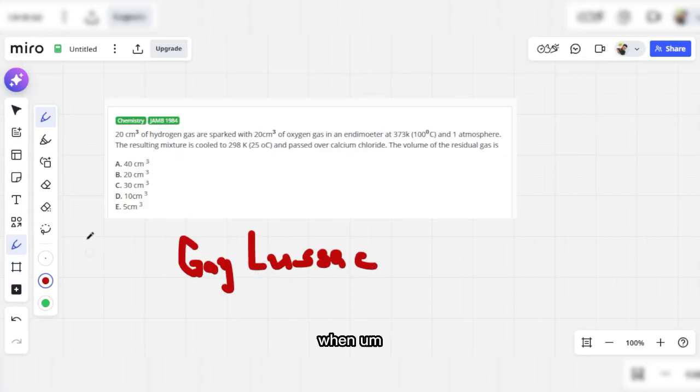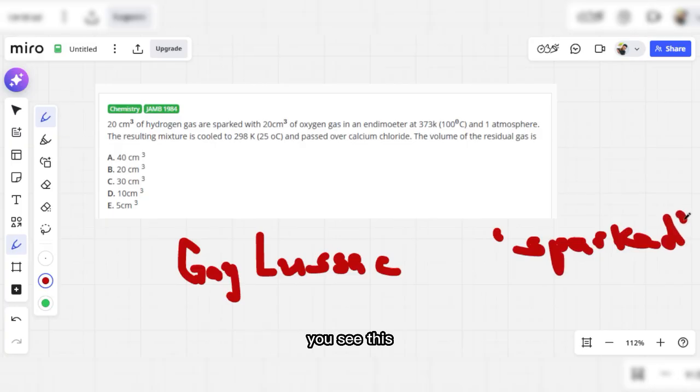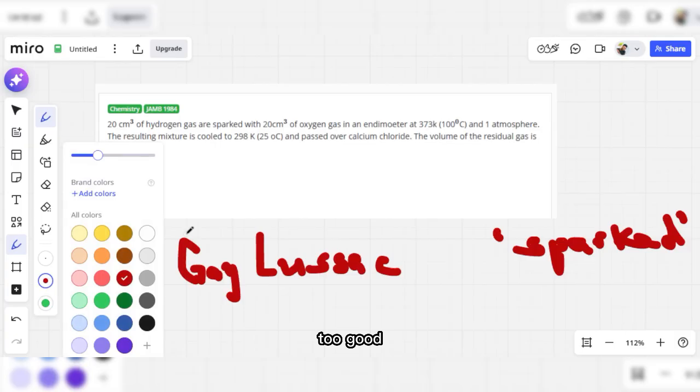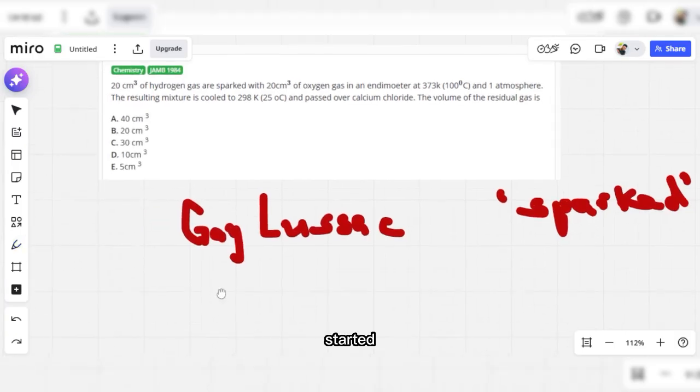It has to do with when you see the word sparked, when a particular gas is sparked with another gas. So once you see this word sparked, then it has to do with Gay-Lussac. All right, so let's get started.